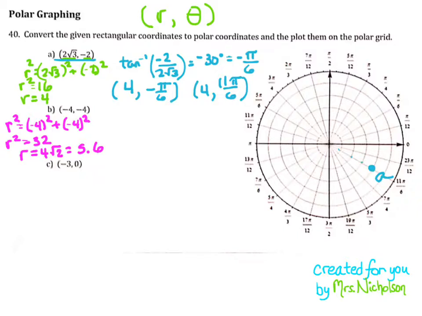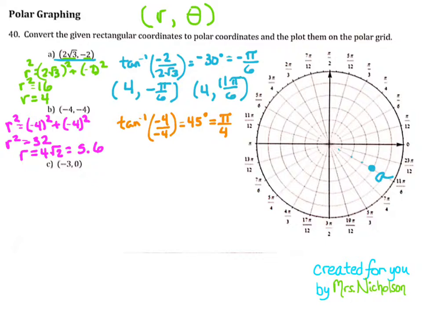We get the decimal 5.6. Then I need an angle, so we're going to do inverse tangent of negative 4 over negative 4. And if you put that in your calculator in degree mode, you're going to get 45 degrees, which corresponds to pi over 4 in radians.